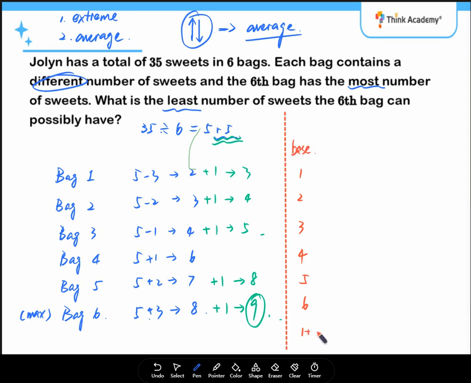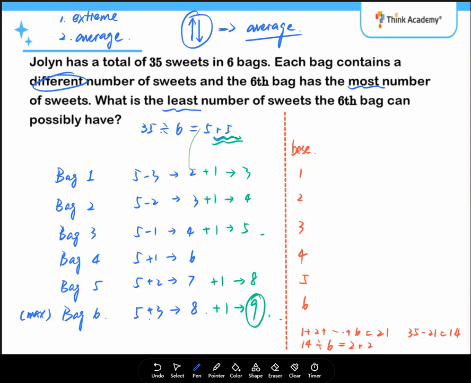You can see 1 add 2 and all the way to 6 equals 21. And 35 take away 21 is 14. Which means for each of those 6 bags, they can get 2 on average and still remain 2.